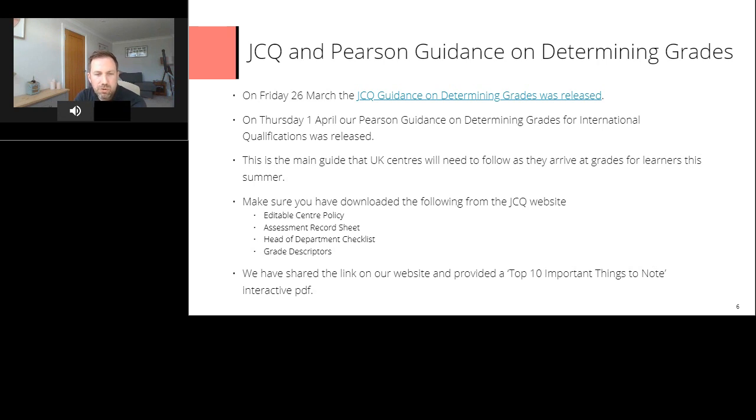Across all of the awarding organisations, we have published grade descriptors for each subject across GCSE, AS and A-level, and you'll find also on the Pearson website, we recently published our grading exemplification, which draws upon evidence from past assessments that students have sat and links to those grade descriptors to help support you in making judgments this year.